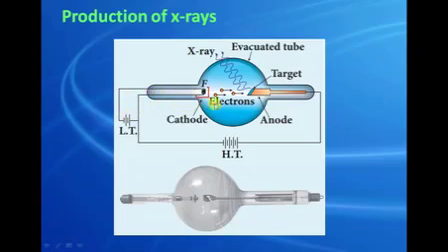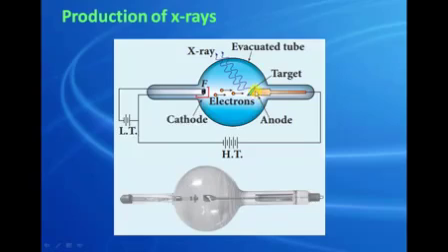Electrons are emitted by thermionic emission and are accelerated to high speed by the voltage applied between the cathode and the anode. We apply a high tension battery, so the electrons get highly accelerated. These highly accelerated electrons strike the target material.